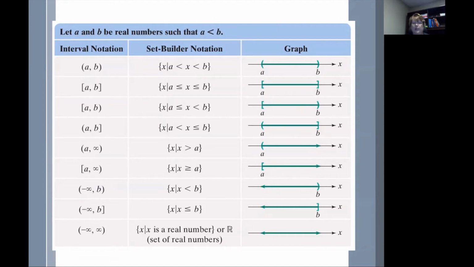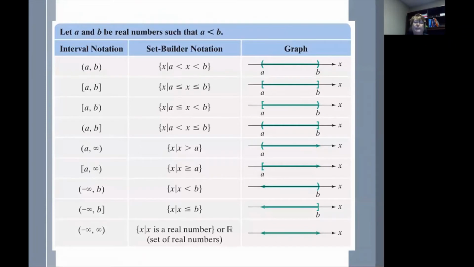And then you have your infinite intervals, A comma infinity, where you have parentheses on both, A is not included. Bracket A comma infinity, A is included in that interval. And then you have the two intervals from negative infinity to B. That is the infinite interval where all the numbers are less than B. Negative infinity comma B bracket, all the numbers less than or equal to B. And then the last interval from negative infinity to positive infinity, that interval indicates all real numbers.